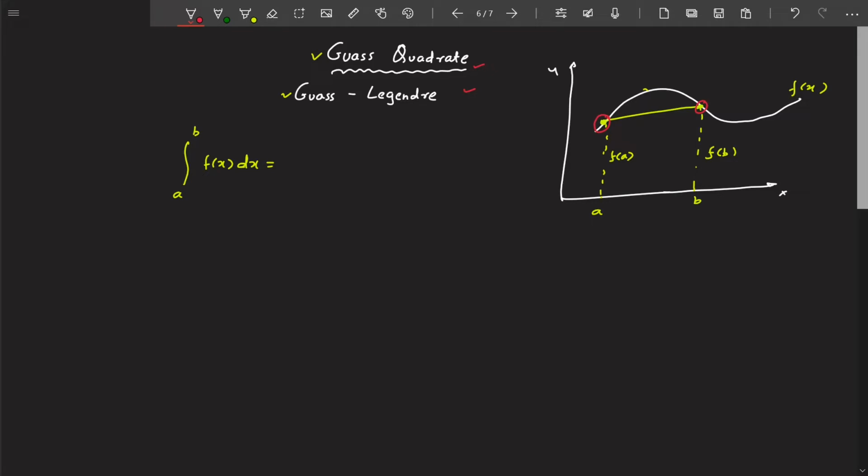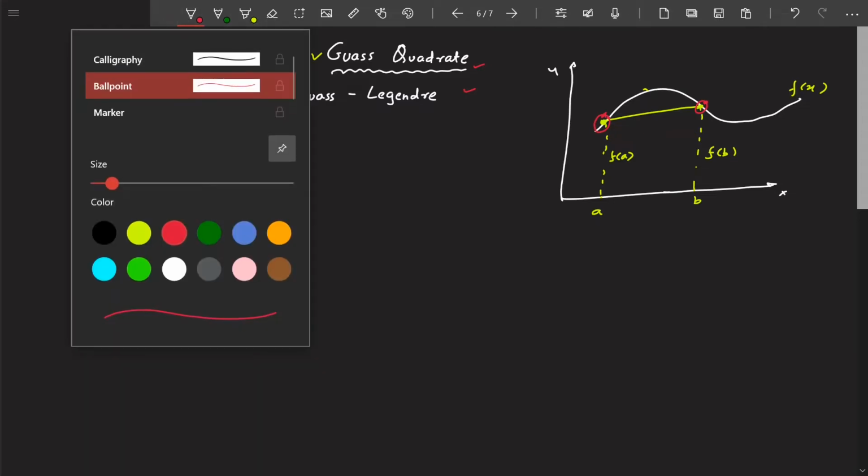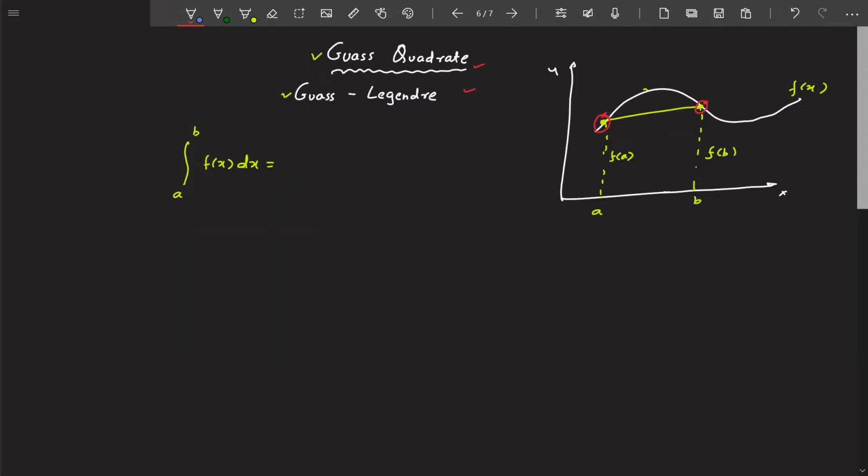So in Gauss Quadrature, we have a freedom of placing these points. This is just 2 points, but there can be a number of points, so we can place them anywhere we want, such that it compensates. Let us say we place this point here, and we place this point here.